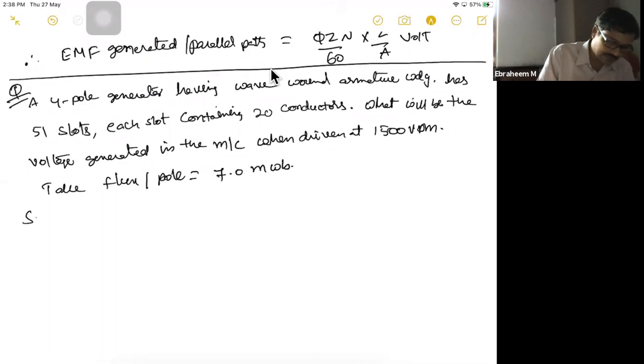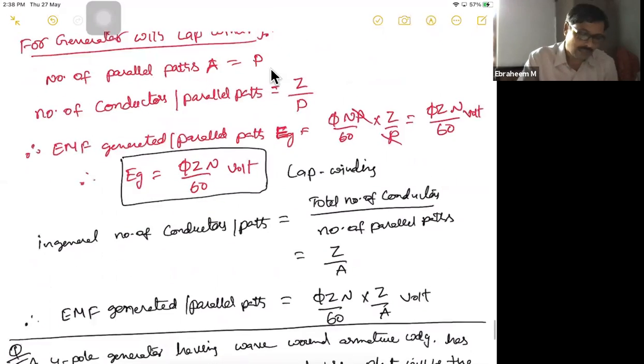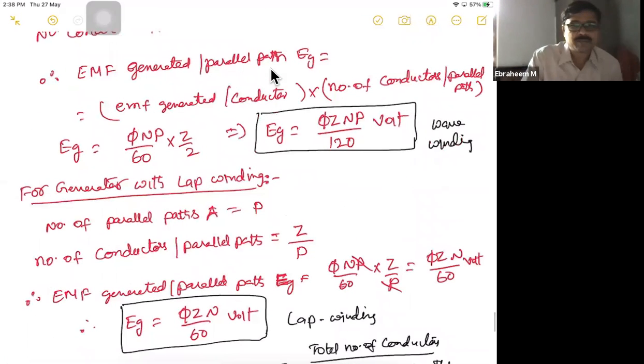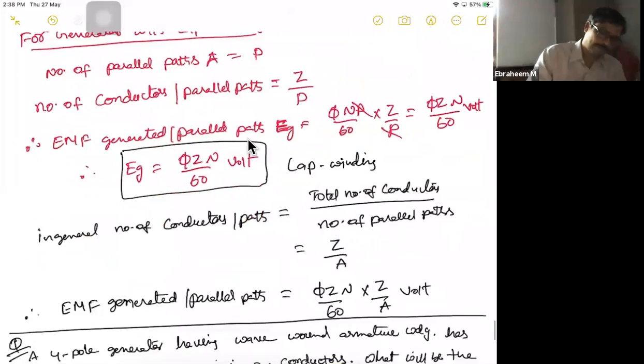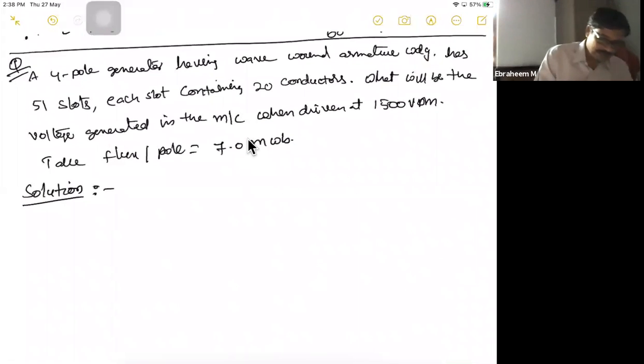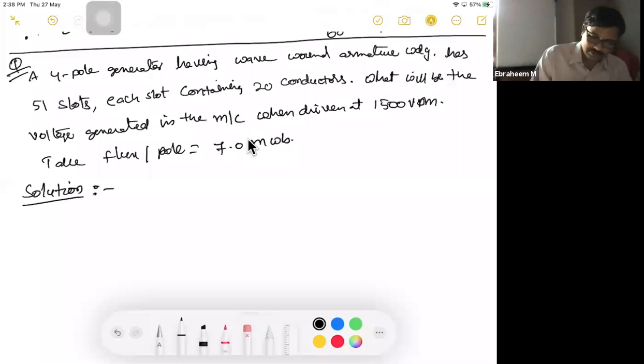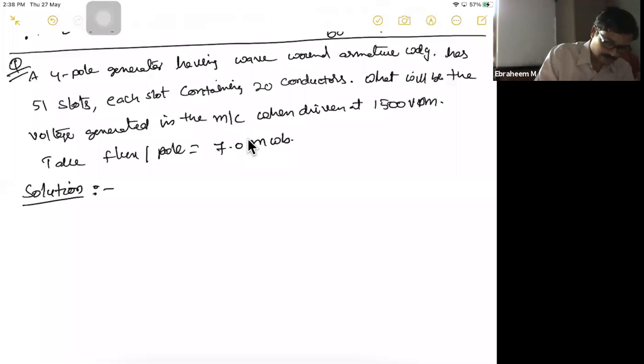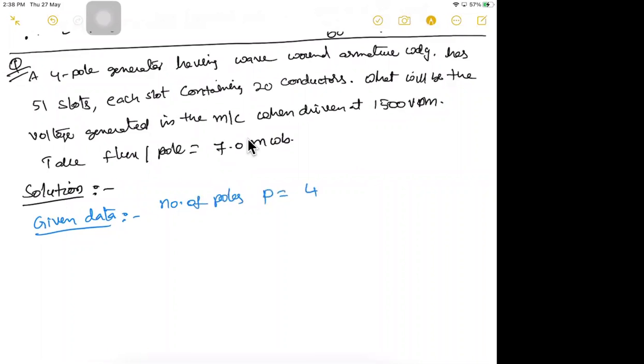Let us solve this problem so that we can have more insight into the EMF generated in a DC generator. The given data: number of poles, P, is equal to 4.